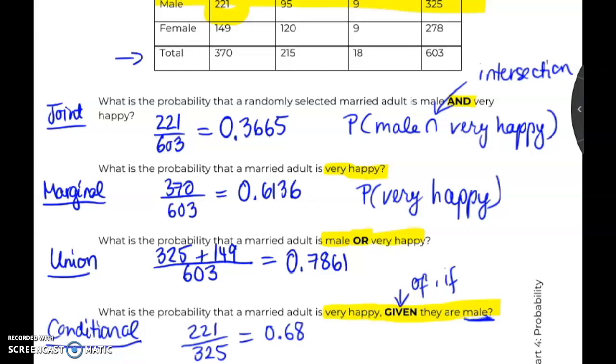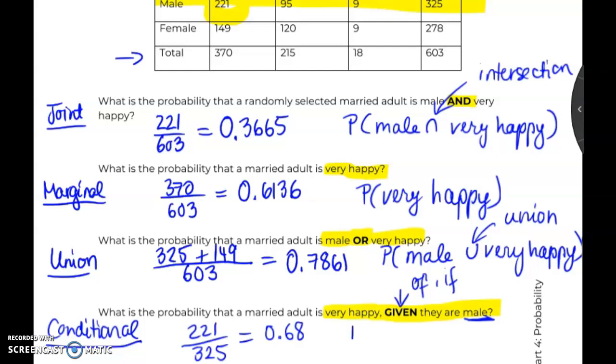For the "or," we have another symbol, which is male or very happy. We call this our union symbol. And then for the conditional probability, we use a slash to stand for the "given." So that would be happy given male. So we just read that as "given."